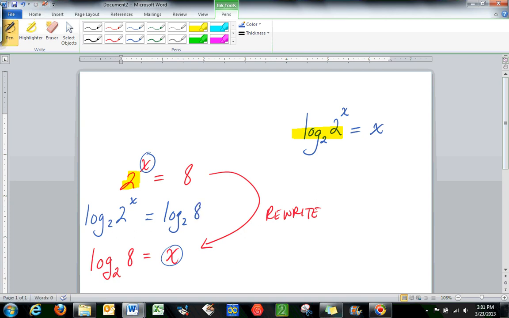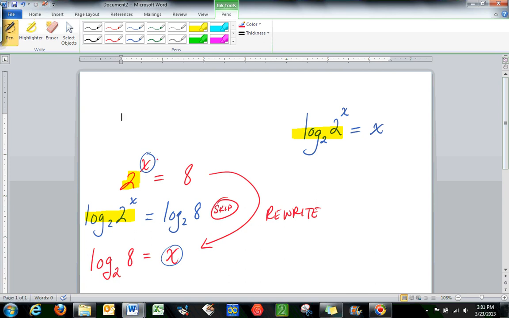And so we know that log base 2 of 2 cancels itself out, leaving just the x, and then we have the log base 2 of 8 on the other side, so x equals log base 2 of 8, which is what we did on the rewrite. So this allows us to skip this step, but that's the reason it works.